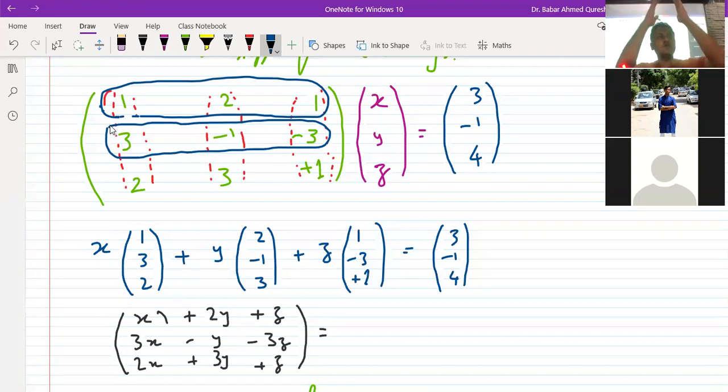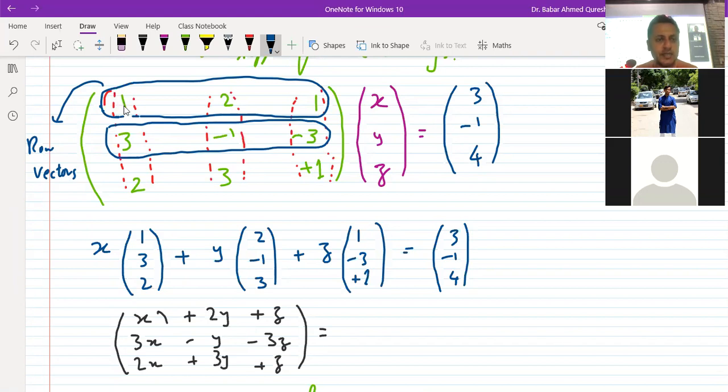I called things which are arranged in a column vectors. If I just flip it over, it's still a list. So let's call them row vectors. Not much difference between a row vector and a column vector. You just flip over the column vector and you get a row vector.